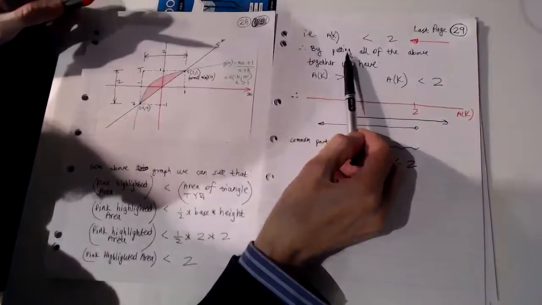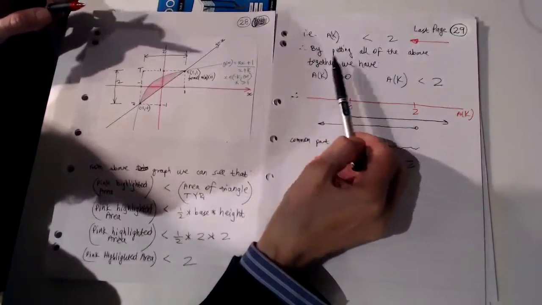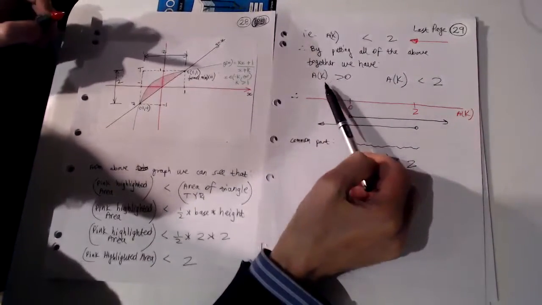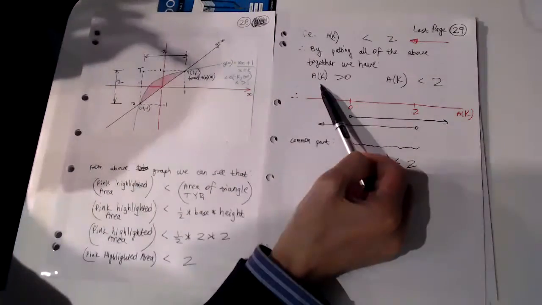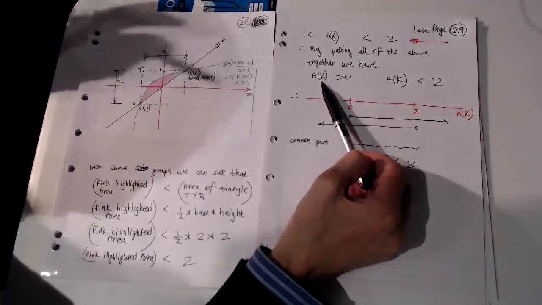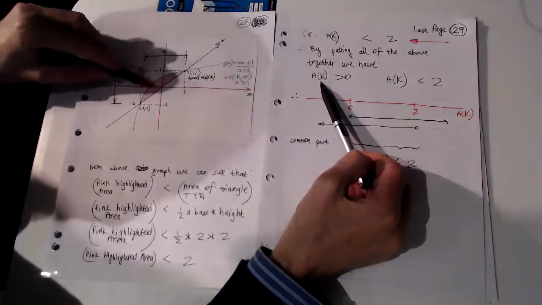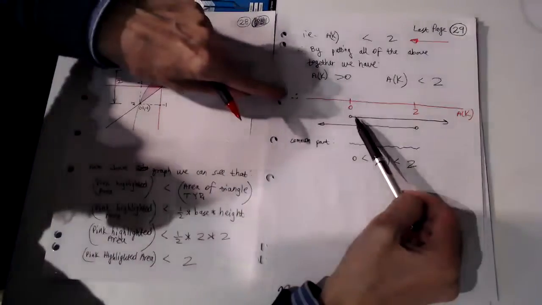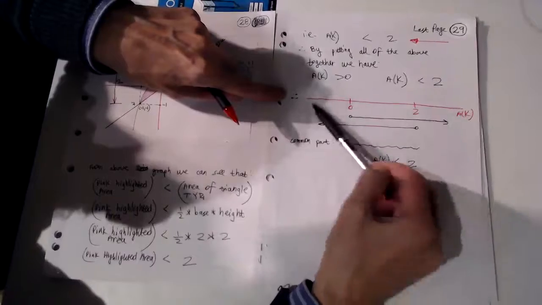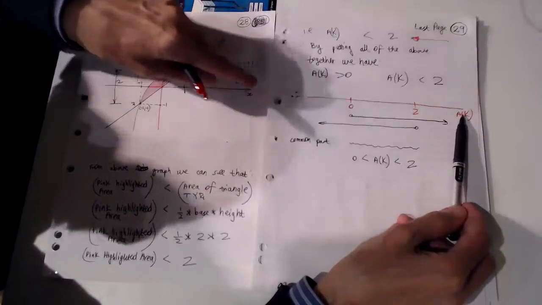Therefore, by putting together all of the above, we have shown that the area of the pink shaded area will always be greater than 0, which is shown here on this AK number line.